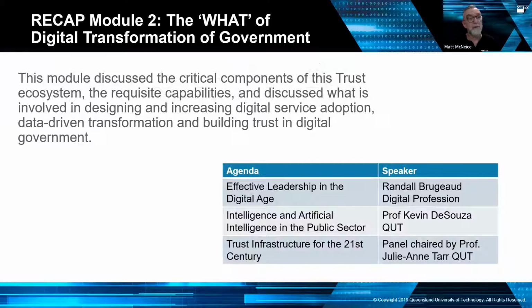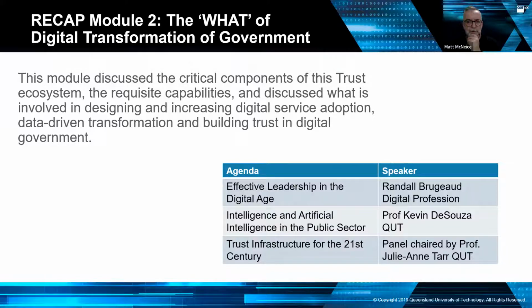So a quick recap, we're on module 3, and module 2 was the what of digital transformation of government, where we discussed those critical components of the trust infrastructure, requisite capabilities, and we had a lively discussion on what's involved to design and increase digital service adoption. We started off with a chat with Randall and looking at the leadership capabilities needed in the digital age.